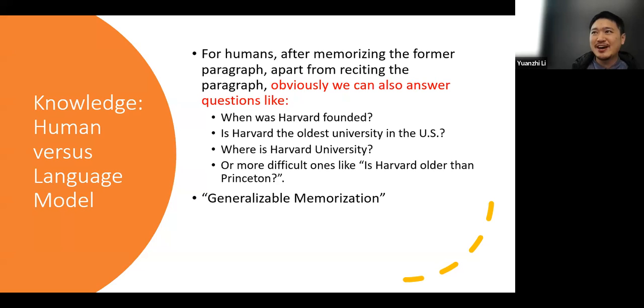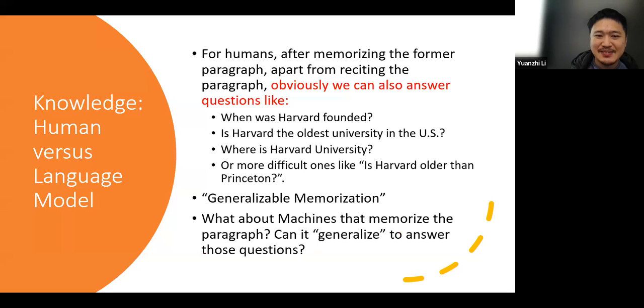Okay, cool. So we call this generalizable memorization, which means the model not only memorizes the knowledge, but actually generalizes to answer questions based on the factual knowledge that it memorized. It's memorization in a generalizable way, in the sense that it's not only completing the next tokens if I give it the exact form of the document, but it also extracts the factual knowledge and is able to answer questions based on that.